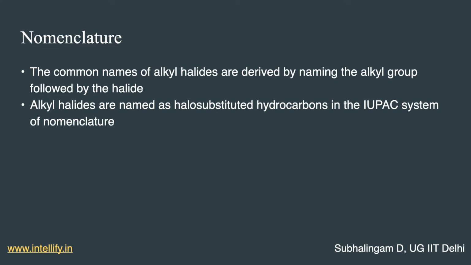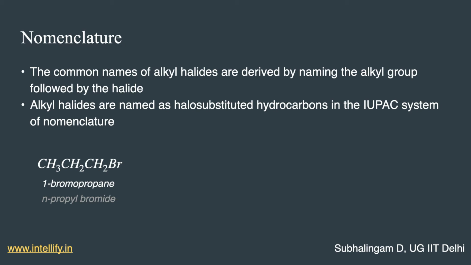But in IUPAC nomenclature, we name the haloalkanes as halo-substituted hydrocarbons. Let's take an example. We have CH3, CH2, CH2Br, and the common name we give to this is n-propyl bromide.